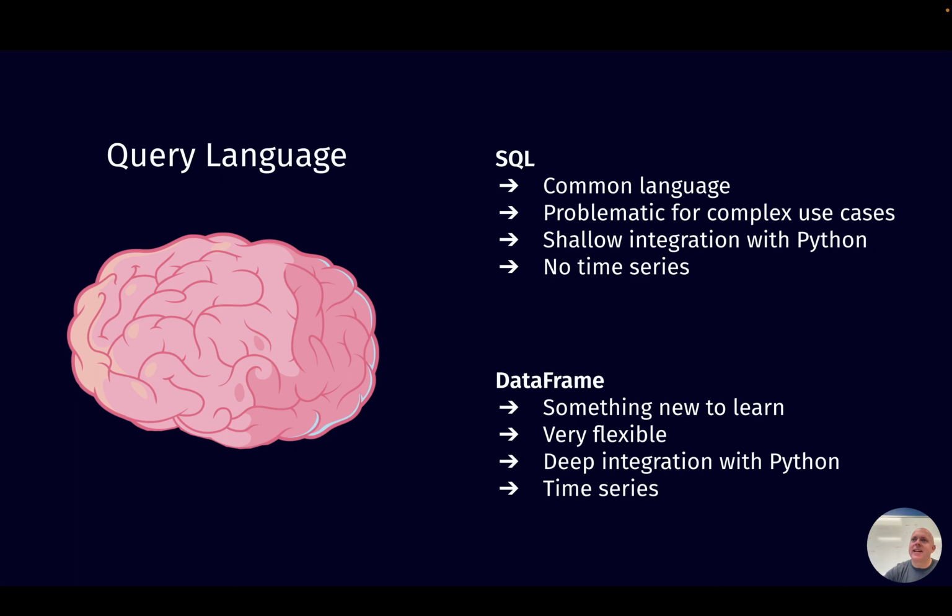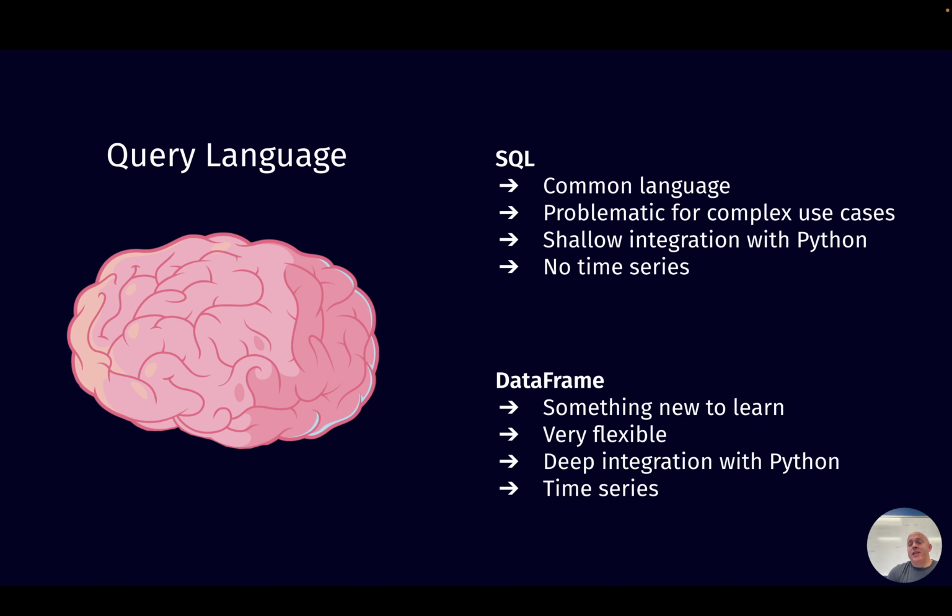The second category of query languages I'm going to call data frame languages. And these are analogous to working with a data frame in pandas or in R. And so these are something new to learn. They're not something old like SQL. They tend to be very flexible.